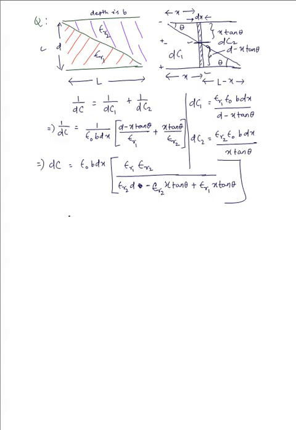So we take the epsilon naught b dx as it is, and actually the dx is going to be integrated, so we'll just strike it out from here, and we take out that epsilon r1 and epsilon r2 from that square bracket, and in the denominator what you will find is, I'll take it out gradually, that if we have this x tan theta as the common factor to those two terms over there, so we have epsilon r2 times d, and then we take a plus of the epsilon r1 minus epsilon r2, and we take x tan theta as the common term. Pretty straightforward, there's no problem with that.